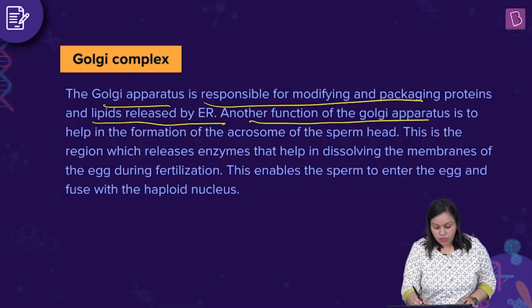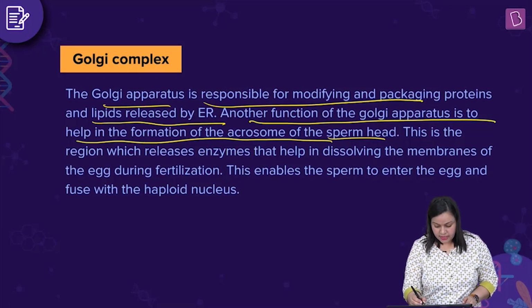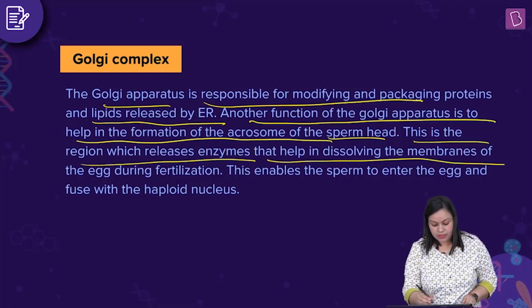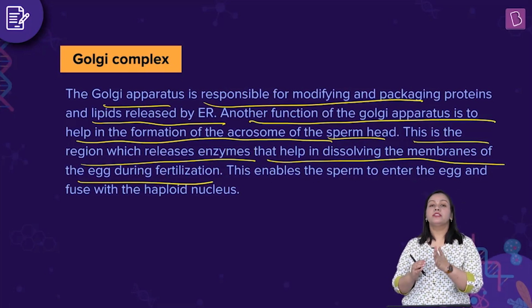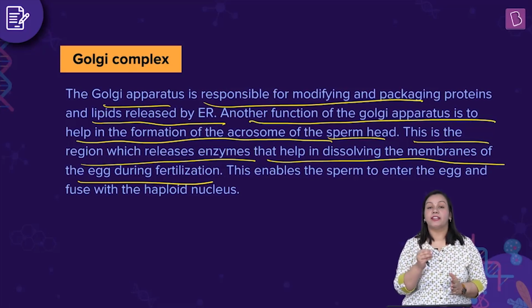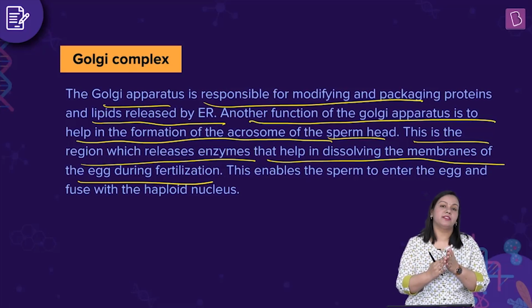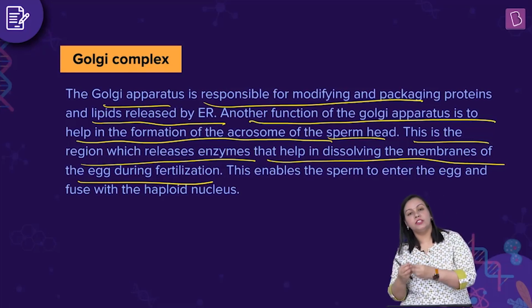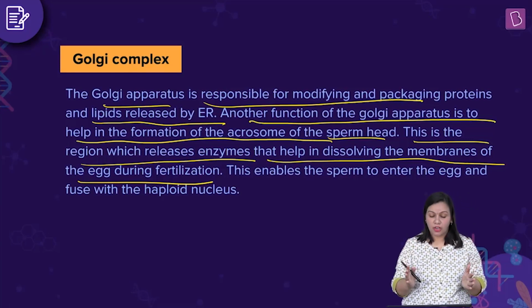So another function of Golgi apparatus is to help in the formation of the acrosome of the sperm head. This is the region which releases enzymes that help in dissolving the membranes of the egg during fertilization. So like I told you, the acrosome is going to store these degradative or digestive enzymes which are released when the sperm touches the egg, and when this is released, the outer protective layer of the egg is going to get dissolved, and this will allow the nucleus or the genetic material of the sperm to be pushed inside the egg cell to carry out fertilization.